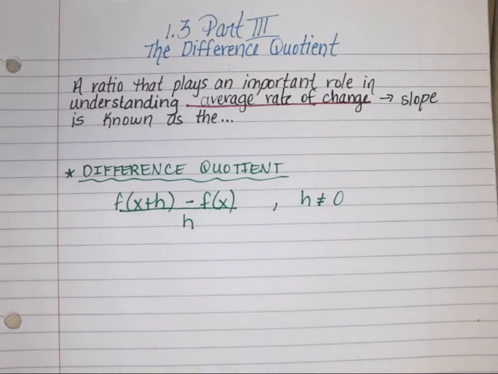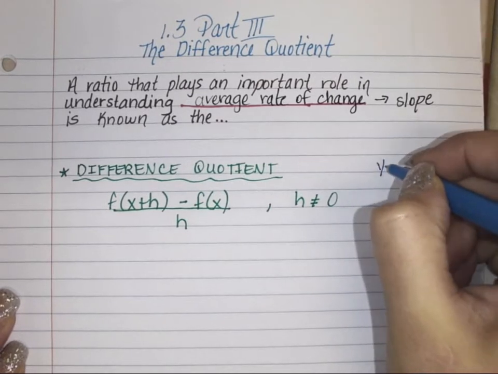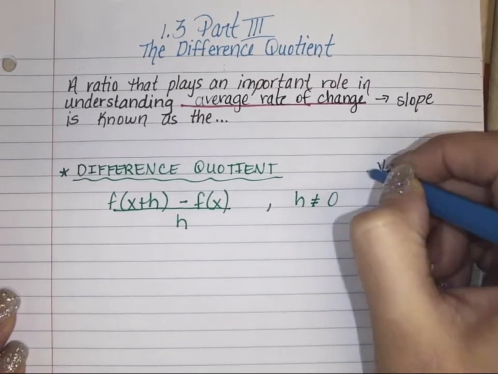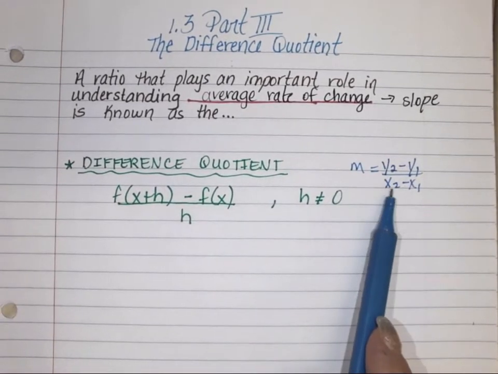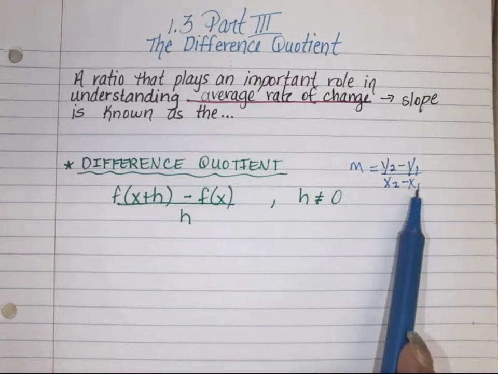And if you'll remember, in the slope formula, you have y2 minus y1 over x2 minus x1 in the old slope formula that you know. And recall, x2 minus x1 is also another way of describing horizontal displacement.